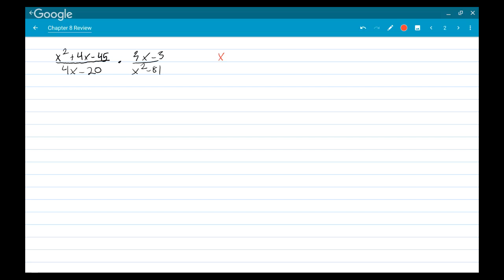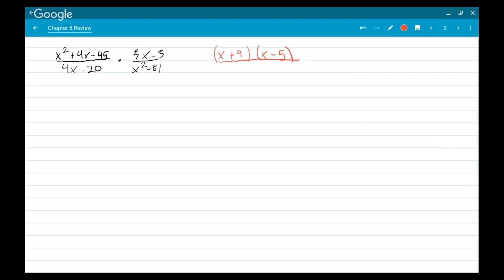So we're going to factor that to x plus 9 and x minus 5. Those are the 2 numbers that multiply to the last and add to the middle. And then in the bottom right, we've got a squares rule.